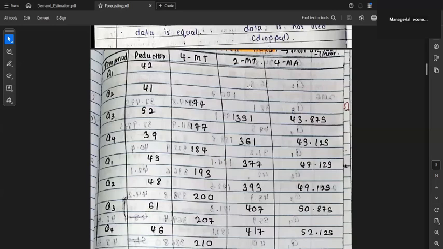So in here, in an even number moving average, as you can see, 174 and 177 are not applicable for any quarter. They are lying in between these quarters. That's why we are taking the 2-point moving total. And when we get the 2-point moving total, the 351 lies in parallel with quarter 3. Then we divide it by 8.